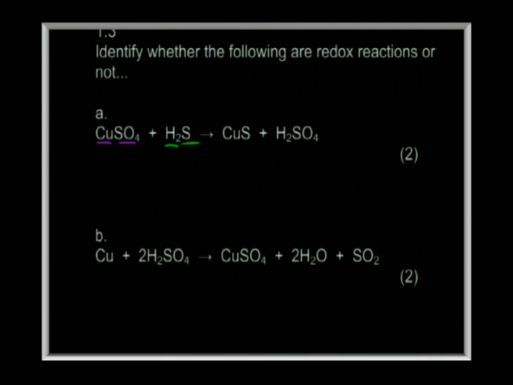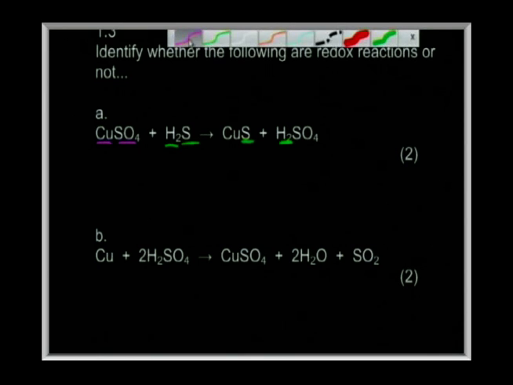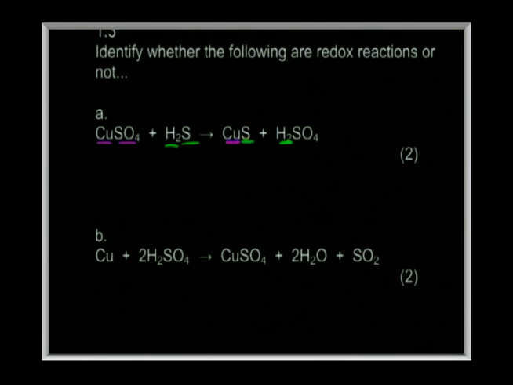If I underline them on the right hand side, there's my sulfur, there's my hydrogen, and in pink here's my copper, there's my sulfate. So all that has happened here is they have swapped places. One thing has swapped places with another thing. There's no evidence to support that it's a redox reaction.